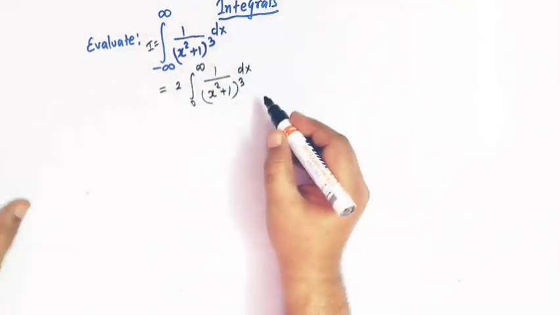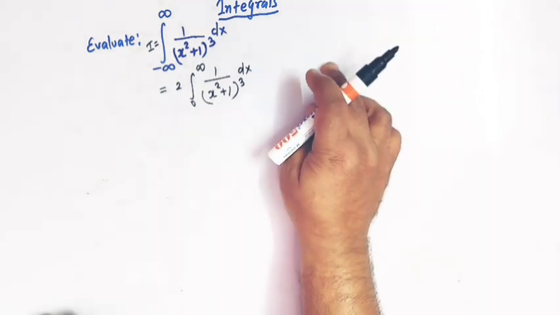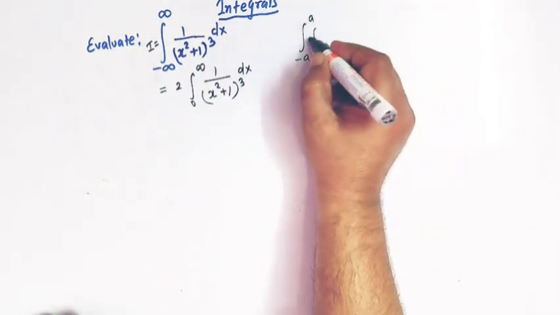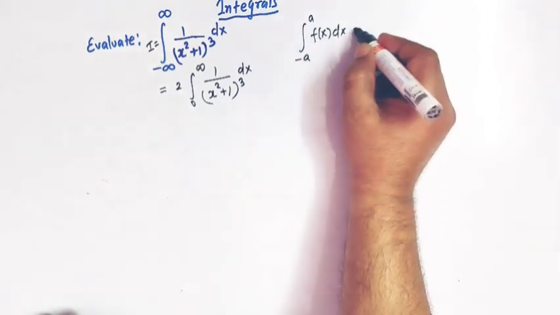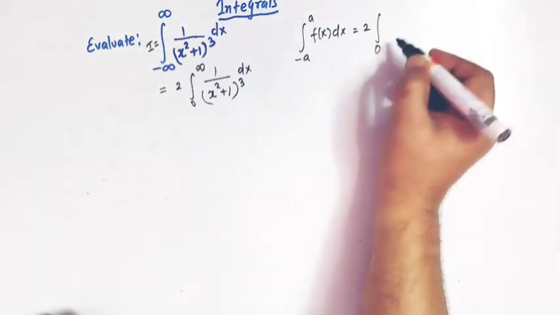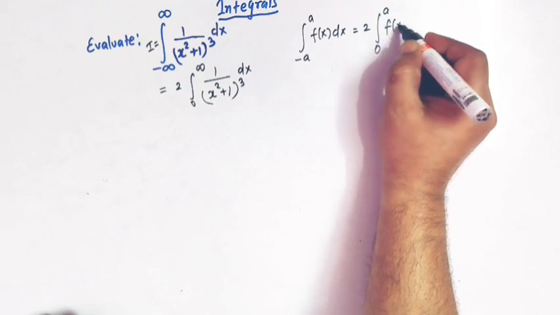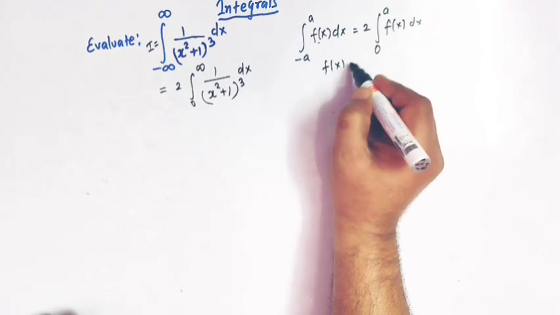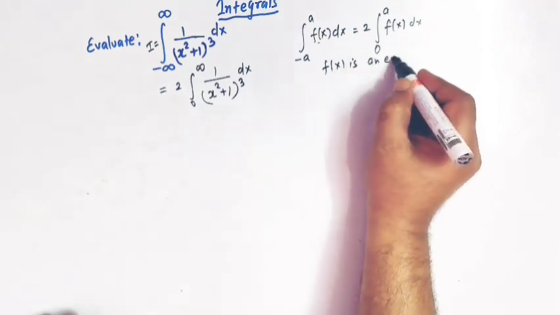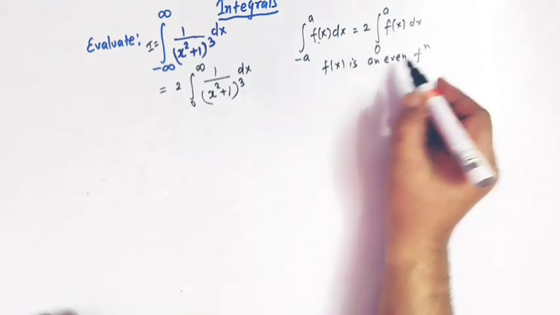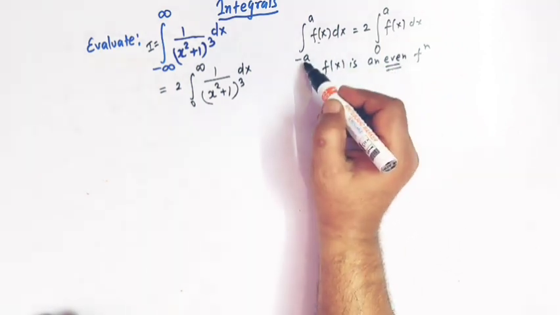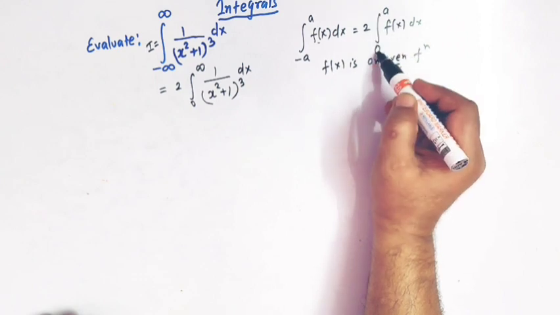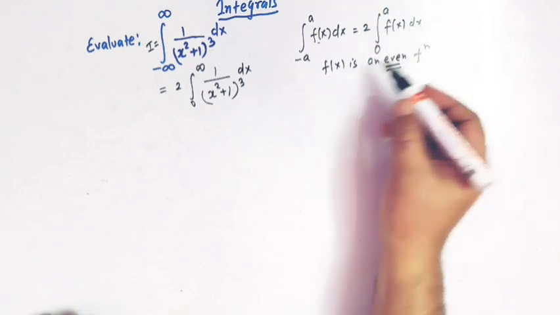Here we have used an important property of definite integrals, that is the integral from minus a to a of f(x) dx is equal to 2 times the integral from 0 to a of f(x) dx, provided f(x) is an even function. So whenever f(x) is an even function, then the integral from minus a to a of f(x) dx can be written as 2 times the integral from 0 to a of f(x) dx.